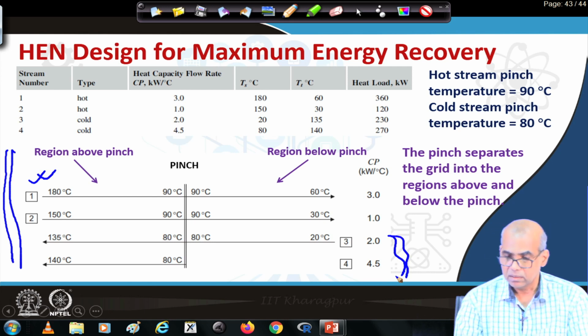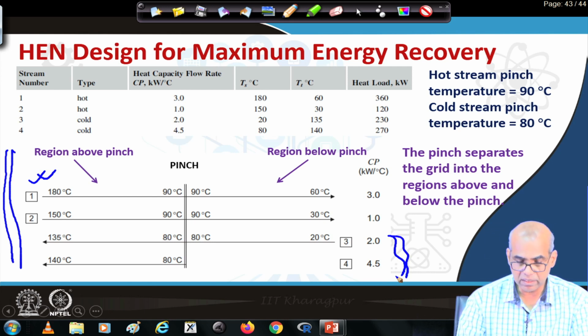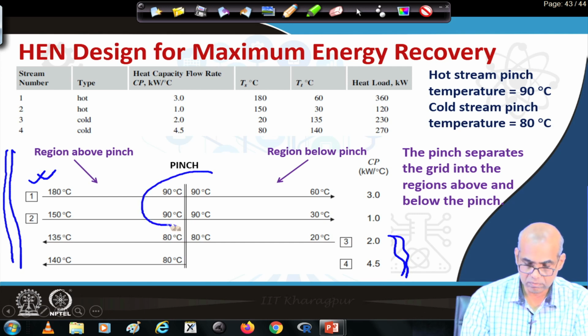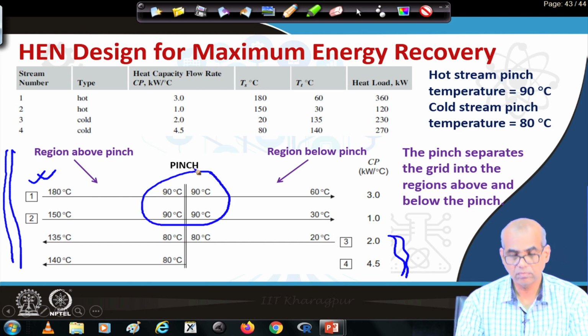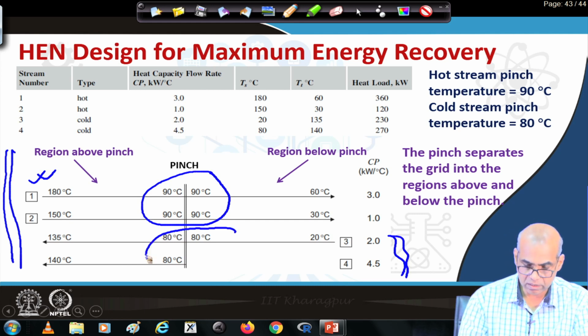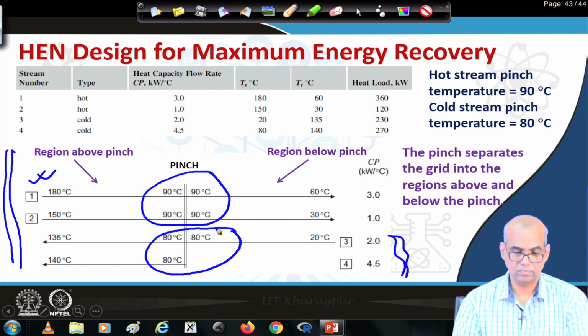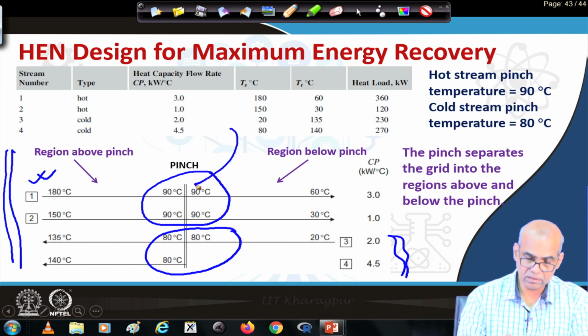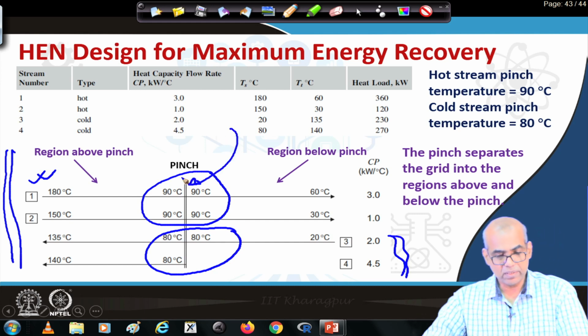Note that the hot stream pinch temperature is 90 degree Celsius and the cold stream pinch temperature is 80 degree Celsius. This vertical line represents the pinch.